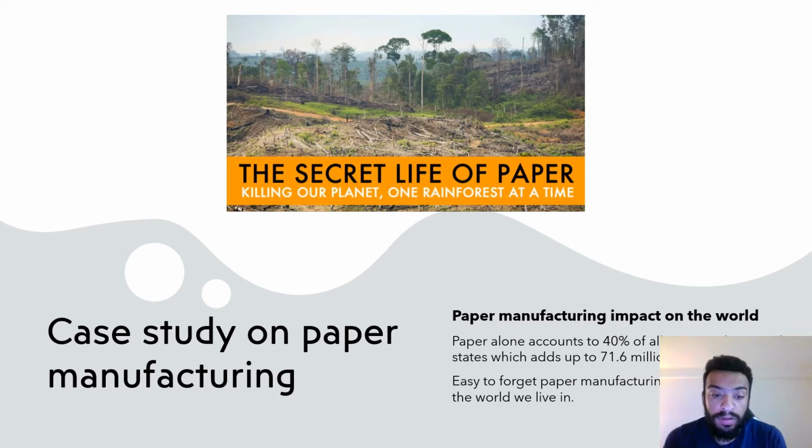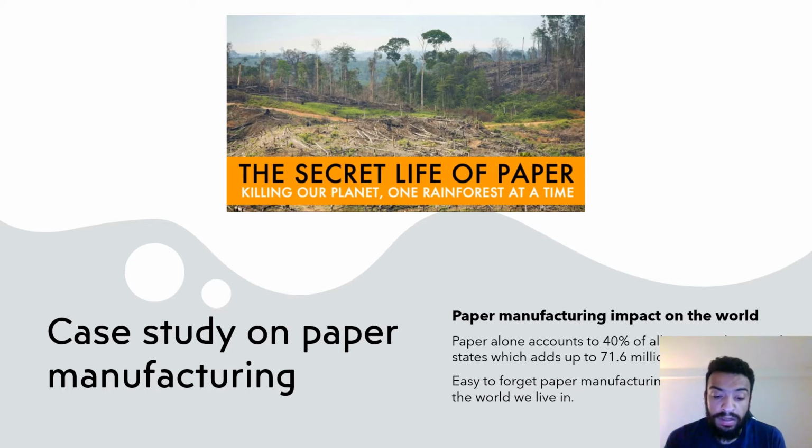A case study on paper manufacturing and how it has an impact on the world. Many people try to reuse, reduce, and recycle paper, but unfortunately it becomes overwhelming and sometimes ends up dumped into a landfill. It is easy to forget that the production of paper has a huge impact on the world we live in.